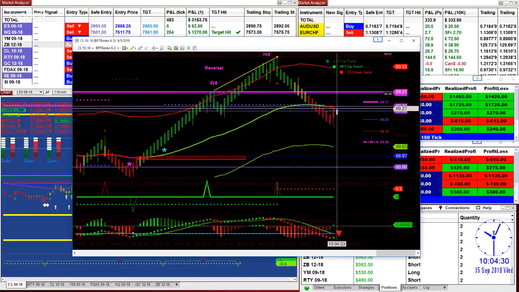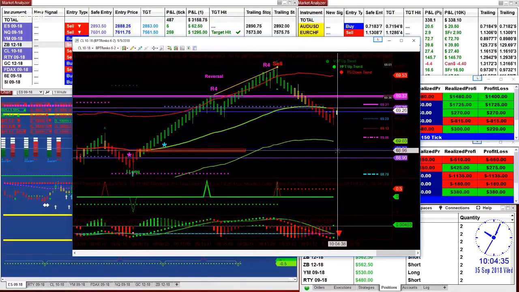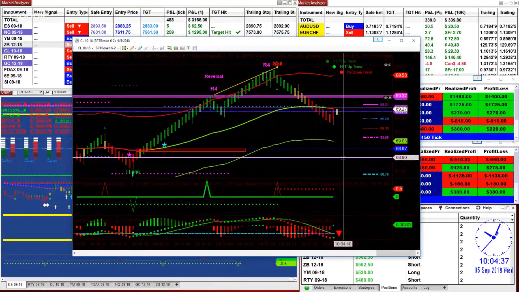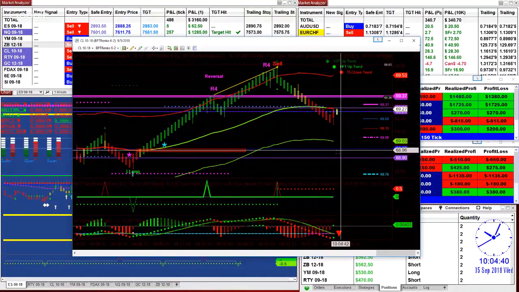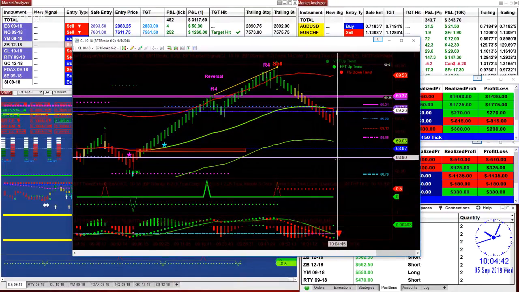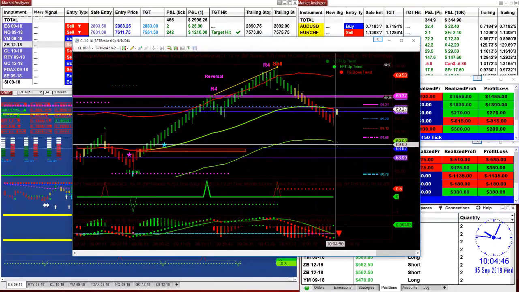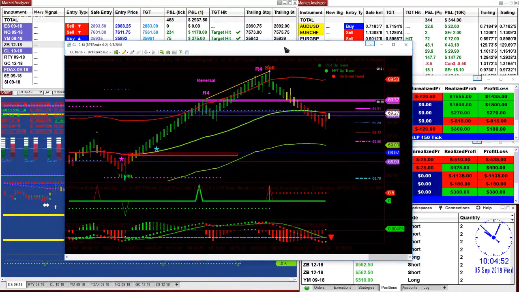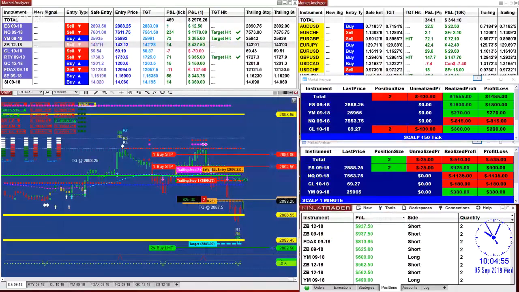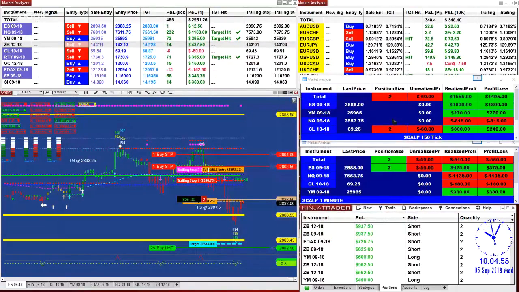Actually, here there is a re-entry point on the CL, so we should be looking around 68.90. We'll find out once this market gets back to that area, and we'll keep our eye on it. But right now we have a short on the CL. A very, very mixed market.